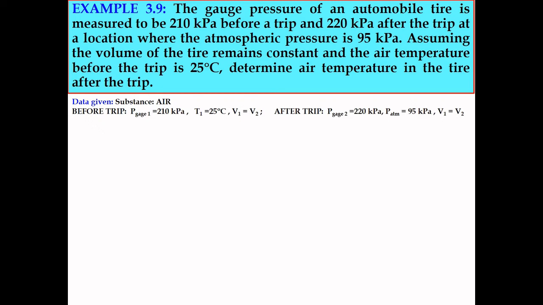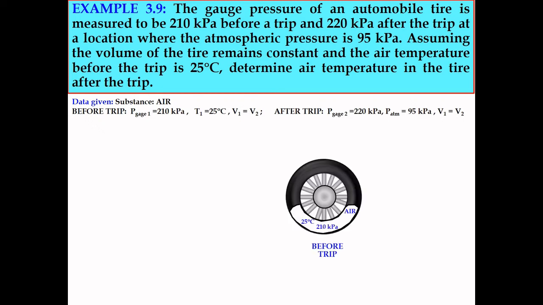After the trip, the pressure gauge state number 2 equal to 220 kPa, and the atmospheric pressure is 95 kPa. For atmospheric pressure, actually the atmospheric pressure is the same for the condition before trip and also after the trip, and the volume is still constant, V1 equal to V2.